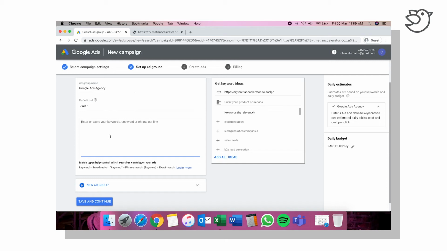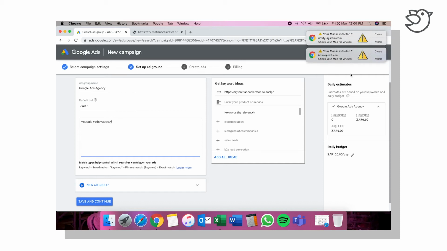So for example, I want to show for the words Google Ads Agency. So I'm going to put here Google Ads Agency. I'm telling Google right now that as long as the person uses the word Google, the word ads, and the word agency, I want to be able to show for that. However, at this point, I also know that some people don't actually type in Google Ads Agency.